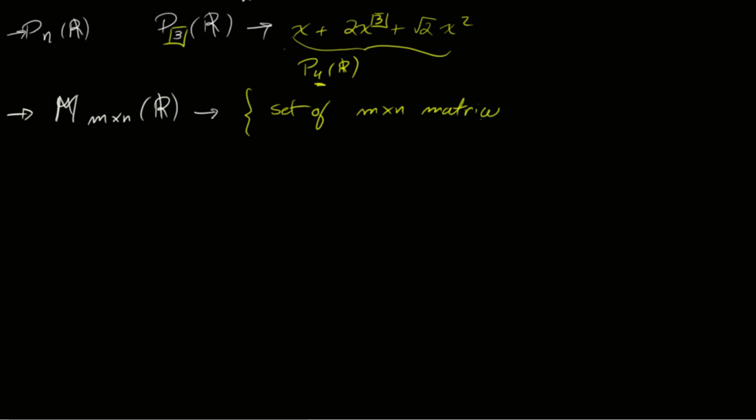So this matrix has m rows and n columns. So the set of m by n matrices with real entries. Okay, so that's where the R comes in.